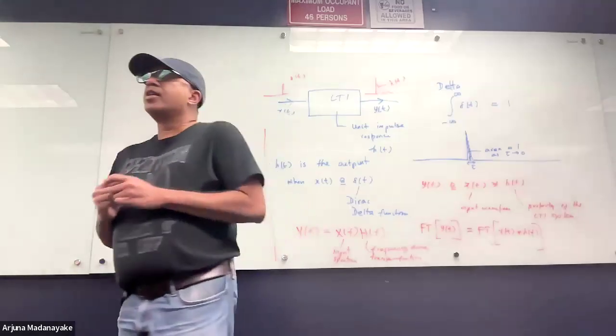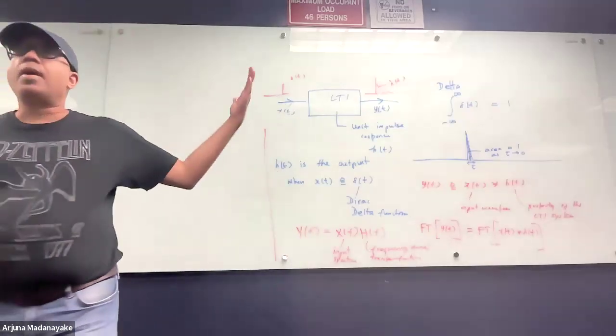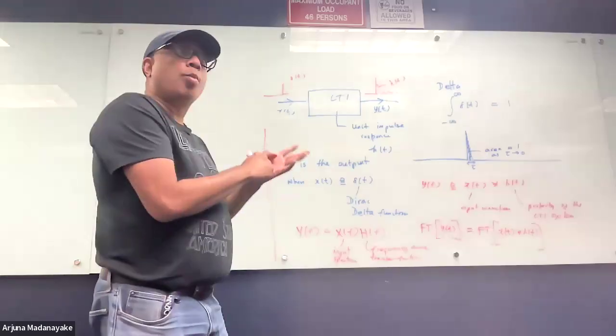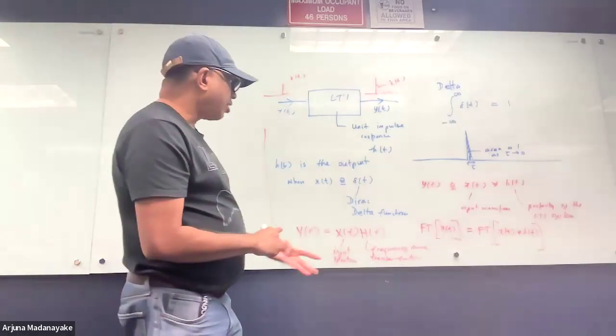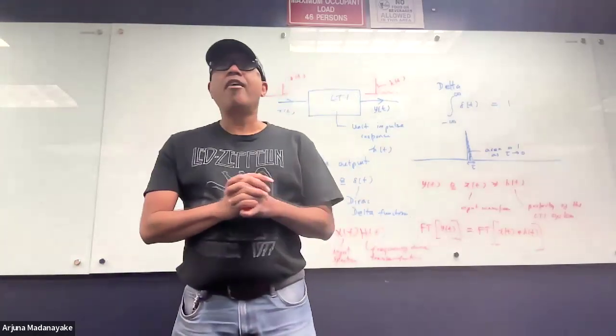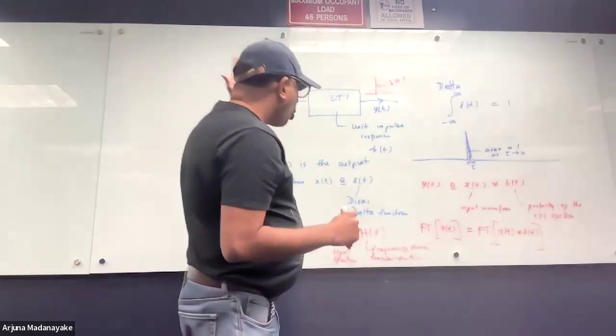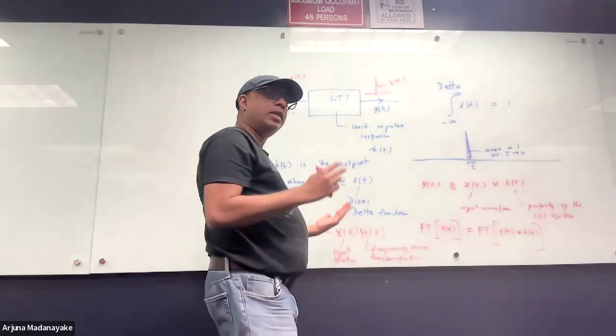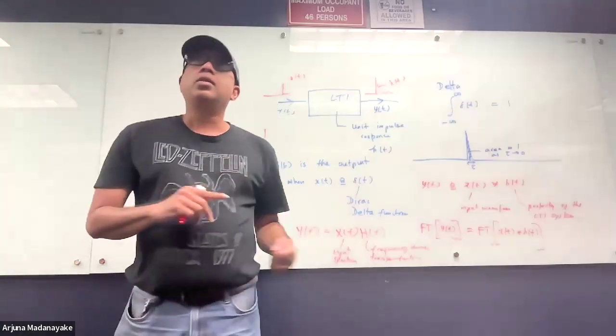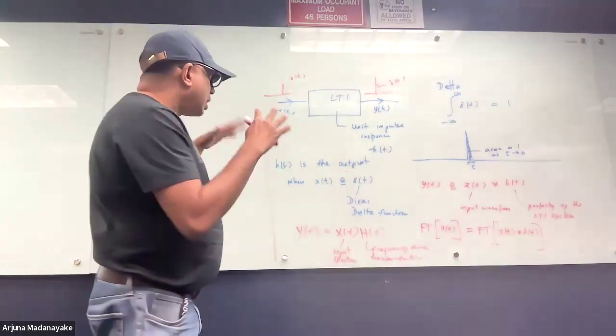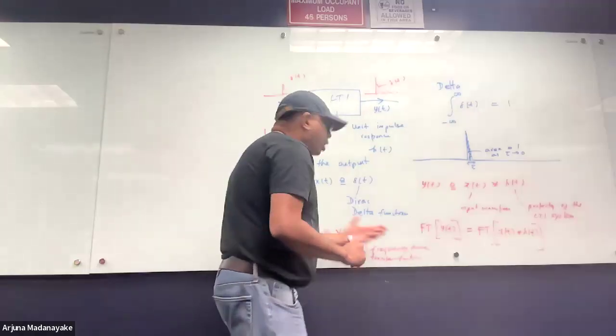So the concept of transfer function is not unique. It depends on which domain. There is a Laplace domain transfer function h of s, a frequency domain transfer function h of f, and a time domain transfer function h of t. You can define any transfer function; it just depends on what your domain of description is.